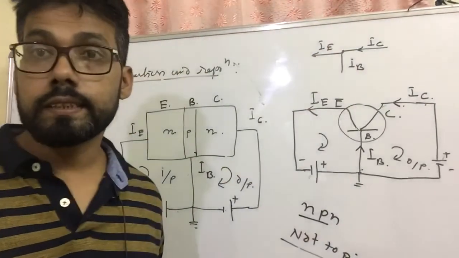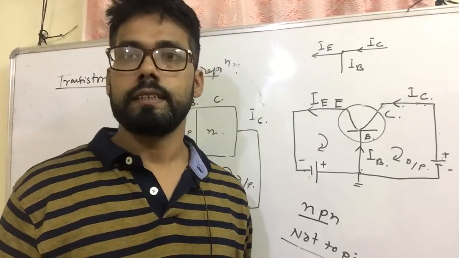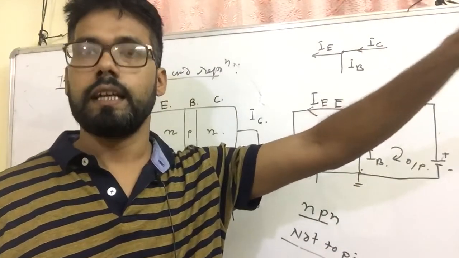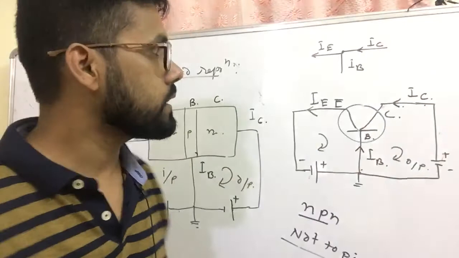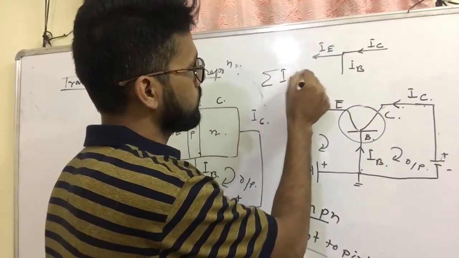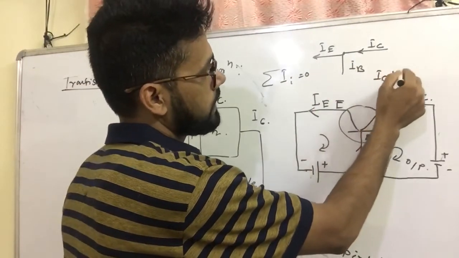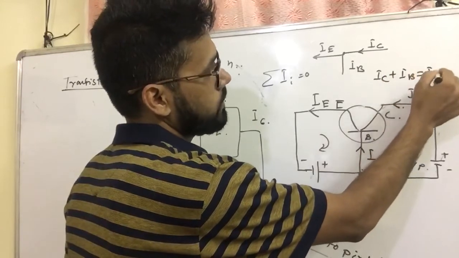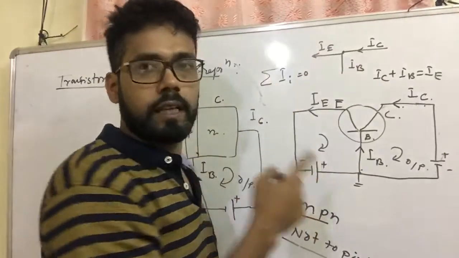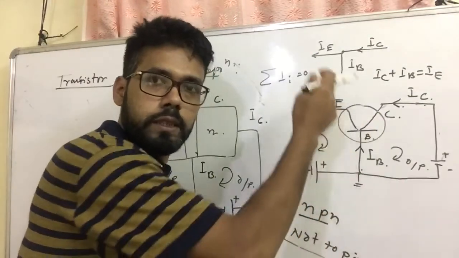As per Kirchhoff's law, the algebraic sum of current into the junction equals the total current away from the junction, or simply the summation of I equals 0. So IC plus IB equals IE. This is toward the junction and this is away from the junction. So IE is outward, which means the collector current is inward. Okay.